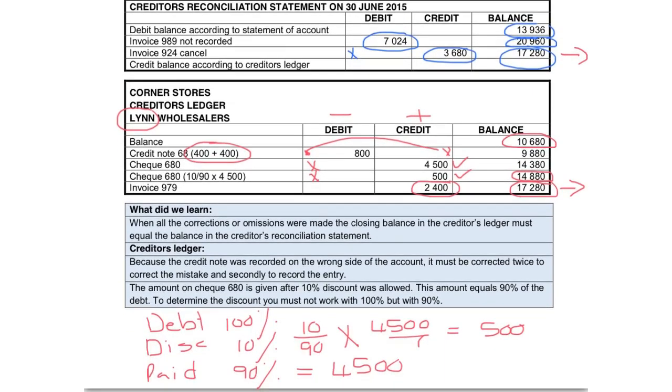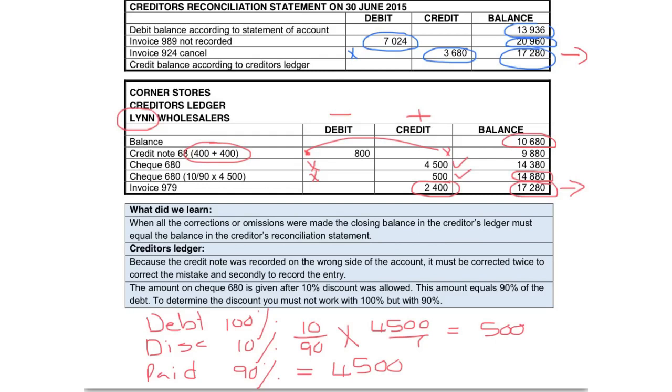Okay, what did we learn today? When corrections and omissions are made, closing balances in the creditors ledger must be used, and it must equal, after the corrections, the balance in the statement of account. In the creditors ledger, we will record entries that increase the debt on the credit side.